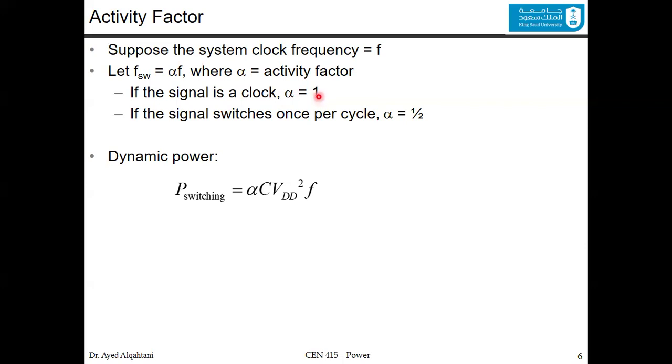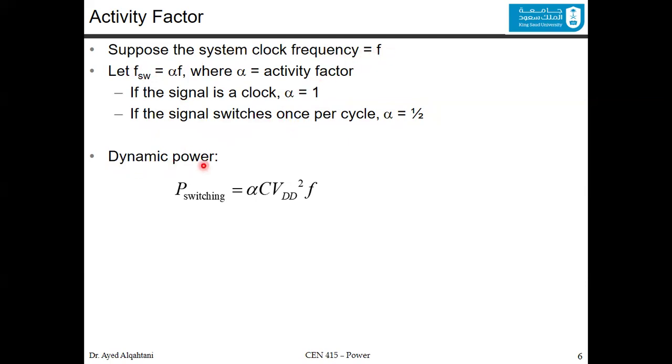So you are switching with full capacity. Alpha is 1, so the frequency of the switching will be exactly the frequency of the system clock. If the signal switches once only per cycle, then alpha is equal to half, so the frequency of the switching will be 50% of the system clock frequency.